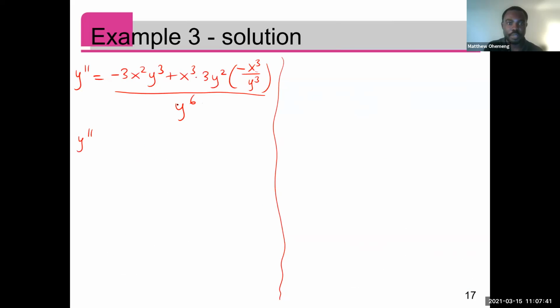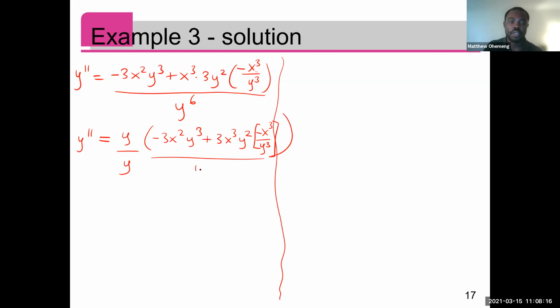So at this point, let me see. Since I have y cubed here, perhaps let me just do this. I'll multiply. So this is cubed, this is squared. So okay, I'll multiply the top and bottom by y. So I get negative 3s squared y cubed plus 3s cubed y squared, and then times negative s cubed over y cubed, like so, all over y to the power 6.